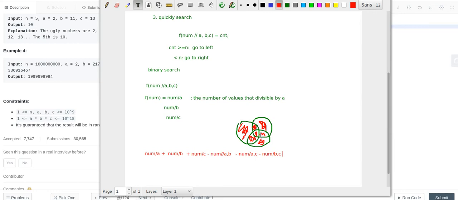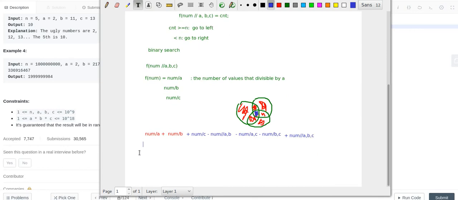But because we have subtracted three times, we have to add back once more the common area in the middle. This is basically the function.